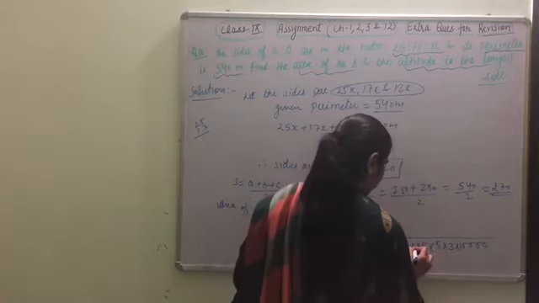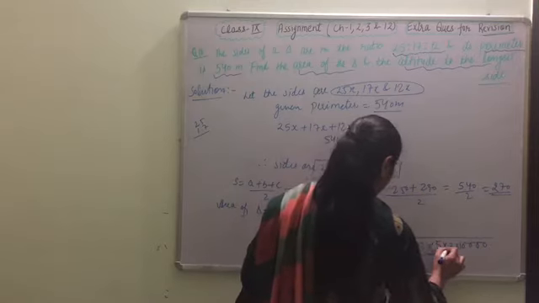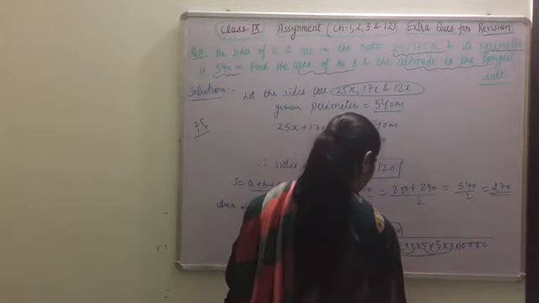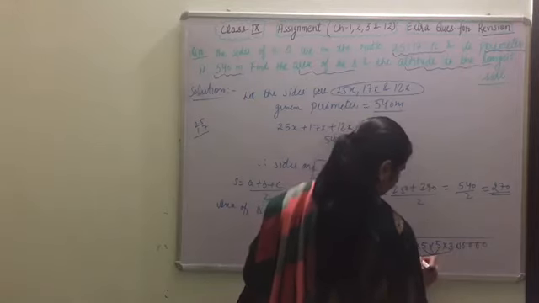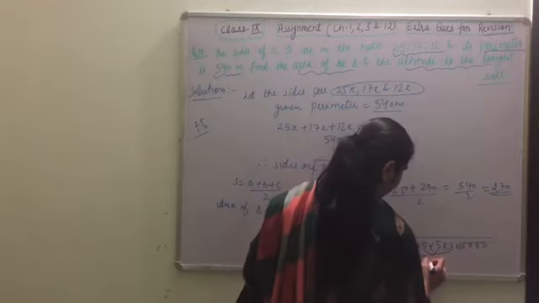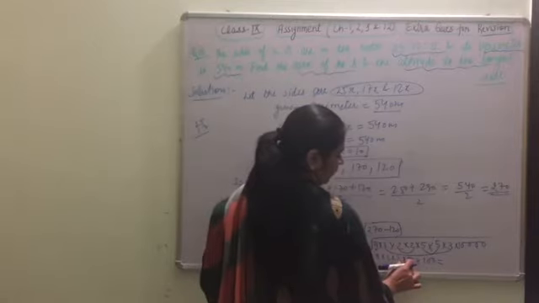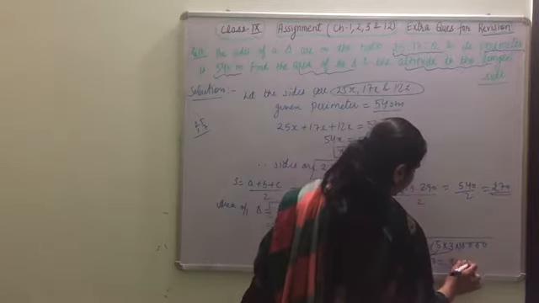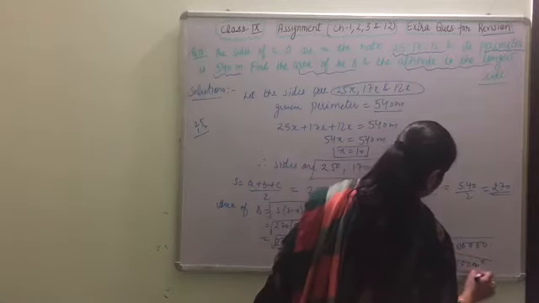This 2 is occurring twice, 5 is occurring twice, 3 is occurring twice, and 9 I can write as 3 into 3. So we can write this as 3 into 3 into 2 into 5, and the 10,000 under the root gives us 100. Now calculation: 3 3s are 9, 2 5s are 10, 9 into 10 is 90, 90 into 100 is 9,000. So the area is 9,000 meters square.